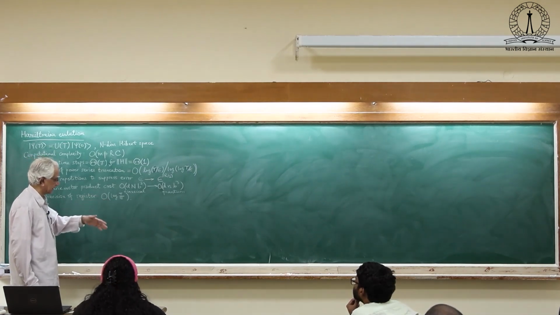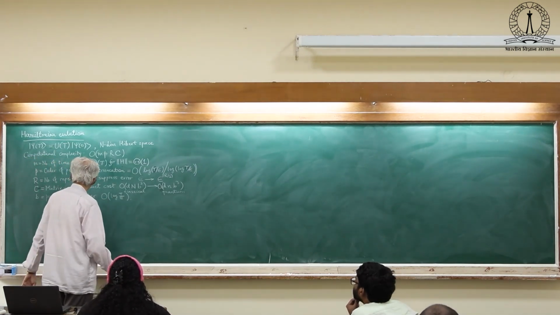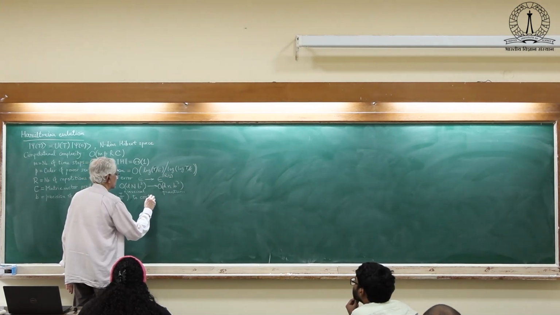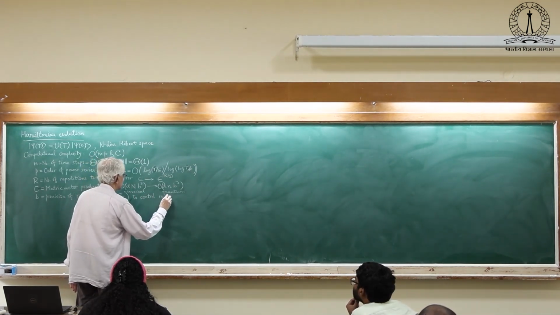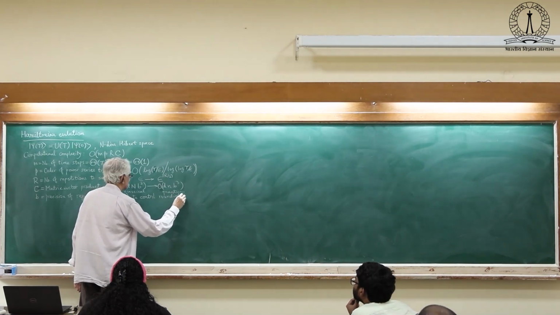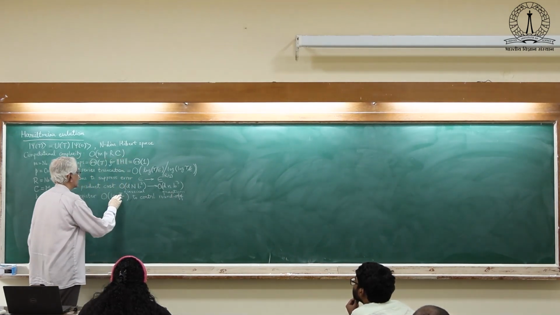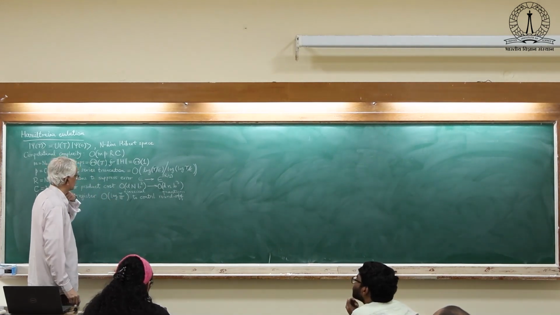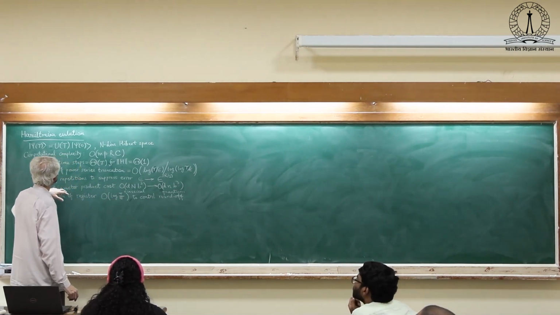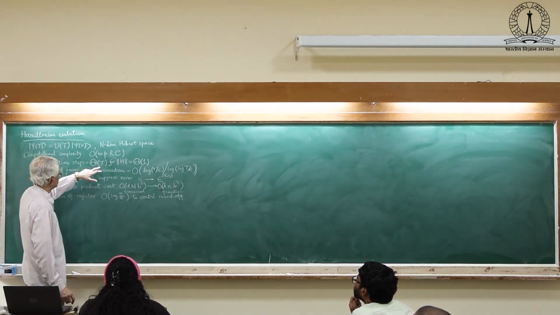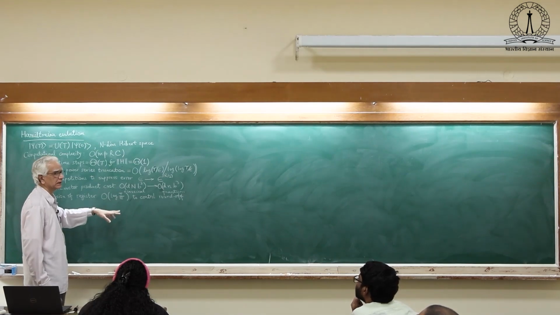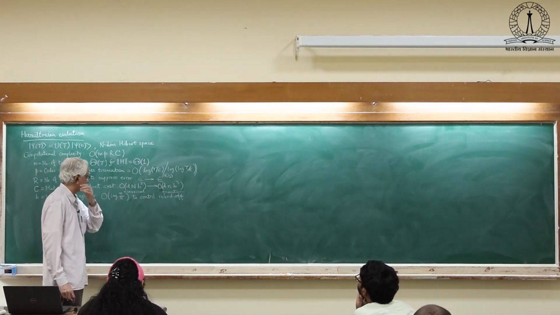It was actually log of m over epsilon in the expression which I wrote earlier, but since the time step I have taken to be order 1, it can be written as that as well.